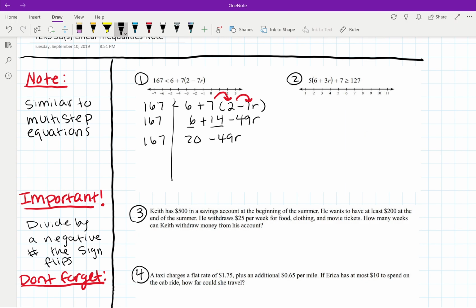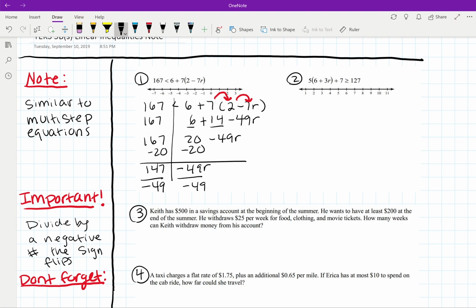And then I'm going to subtract 20. So minus 20, and I have 147 is less than negative 49r. And then I'm going to divide by negative 49.